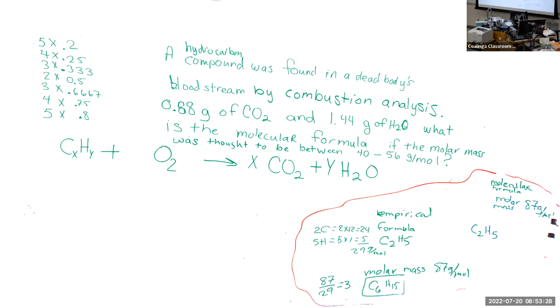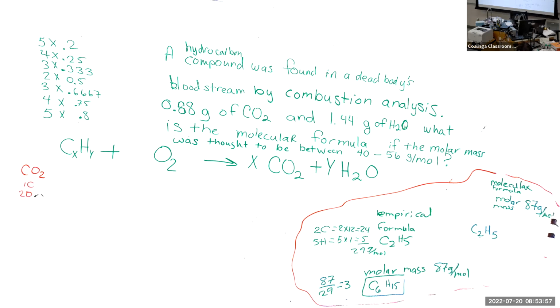Yeah, so this one was already good. Okay, so let's look at this problem. How are we going to start? Okay, so we need to get the molar mass of CO2. For CO2, we have 1 carbon and 2 oxygens.